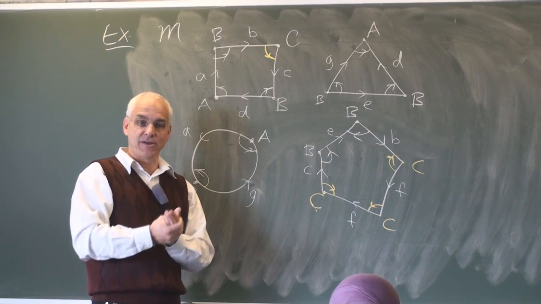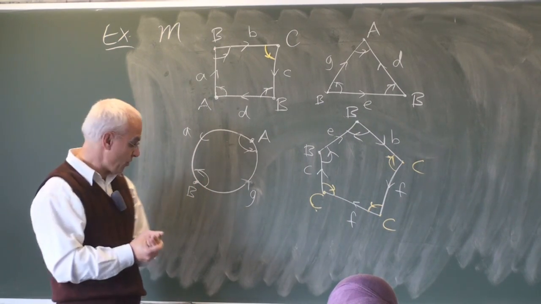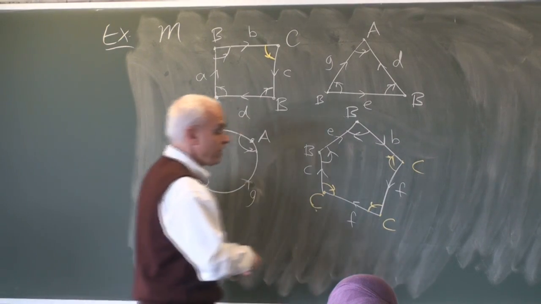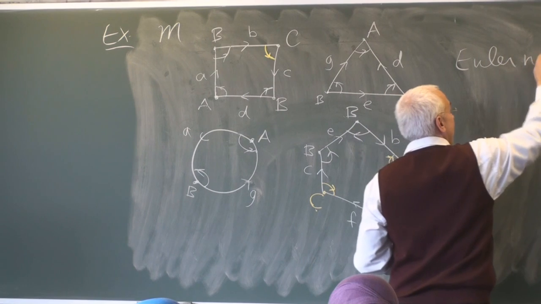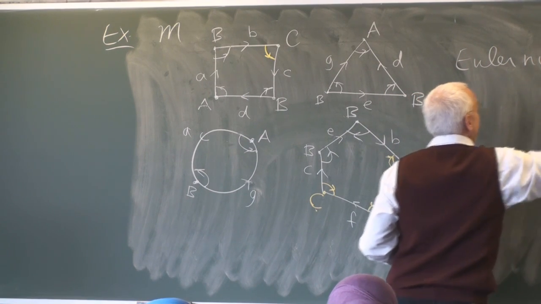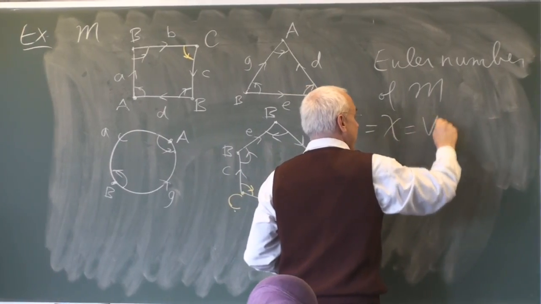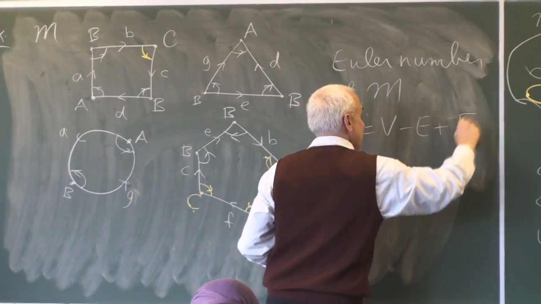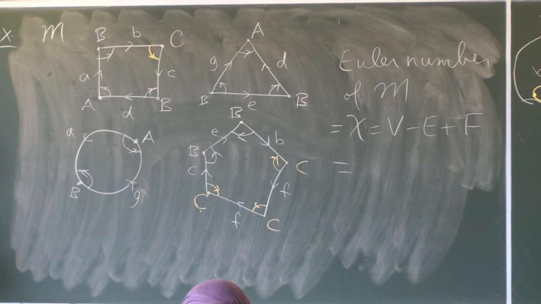And if we're able to glue this together, we can make an Euler number calculation now, because we know how many vertices, edges, and faces there are going to be. So the Euler number of this surface is going to be the number of vertices minus the number of edges plus the number of faces. We've just seen that there are going to be 3 vertices because we've counted them.